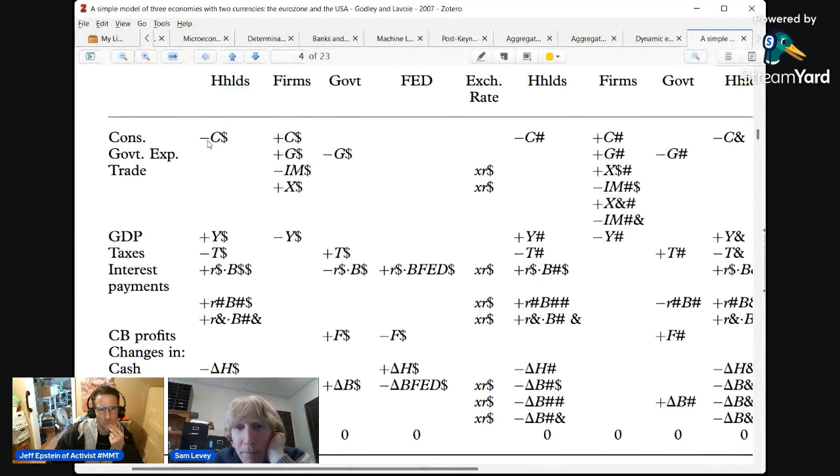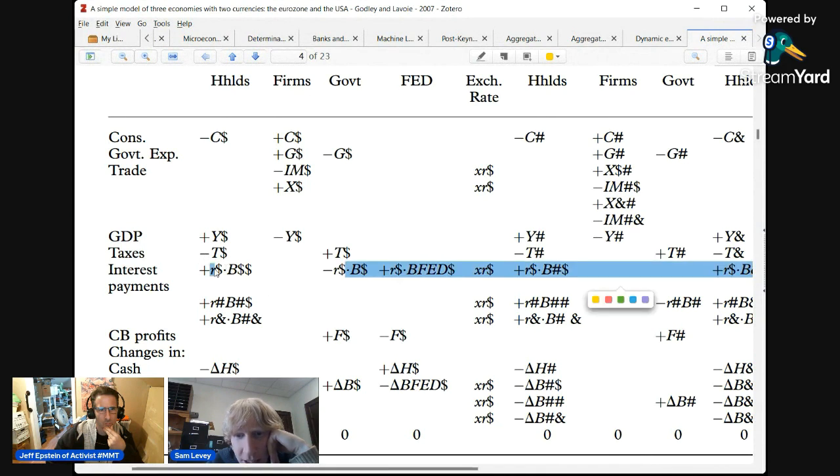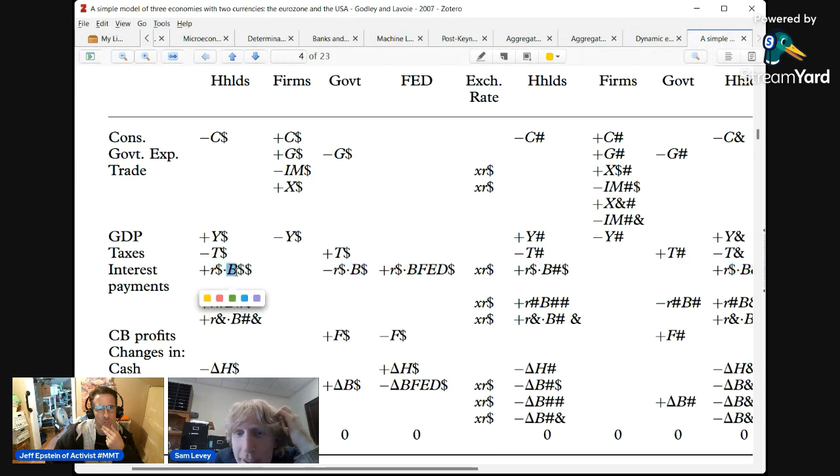Households spend money on consumption, they receive income from GDP, they pay taxes, they receive interest payments. So each of these three rows is showing you how much interest they receive on their government bonds or bills. It's the number of bills they have times the interest rate on those bills.